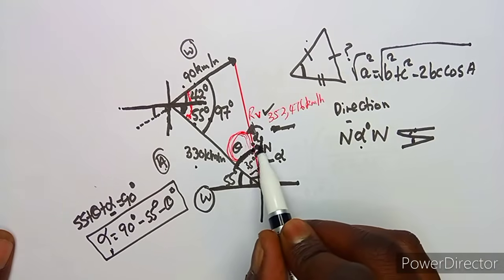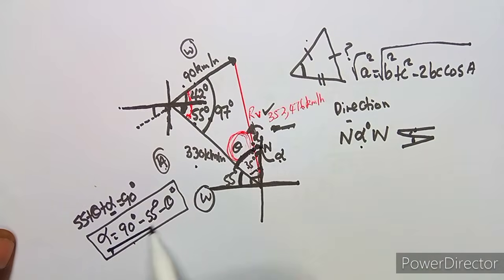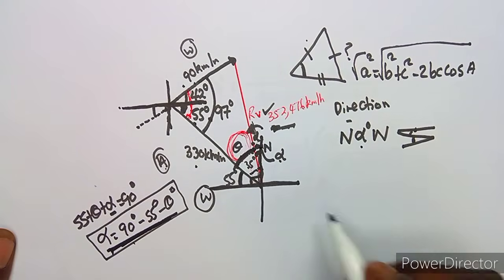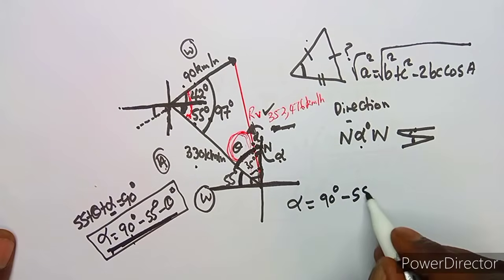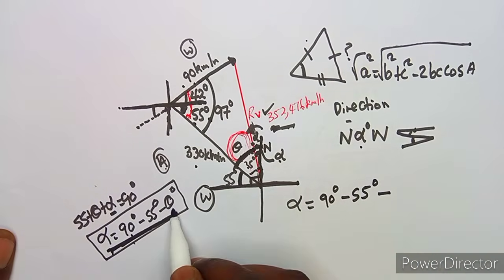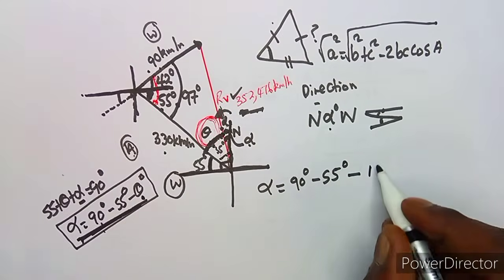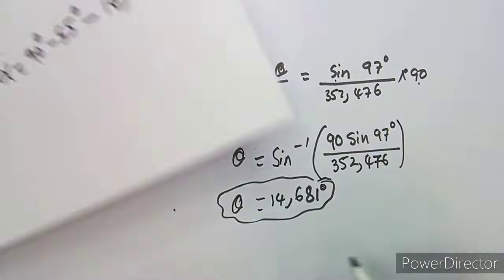So we need to find this angle here, which is alpha, and this is what we said our alpha is going to be. So we said our alpha is going to be 90 degrees minus this 55 degrees minus this theta that we calculated now, our theta here, which is 14,681.